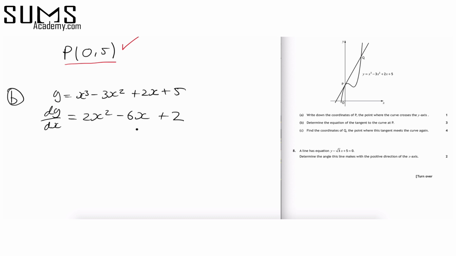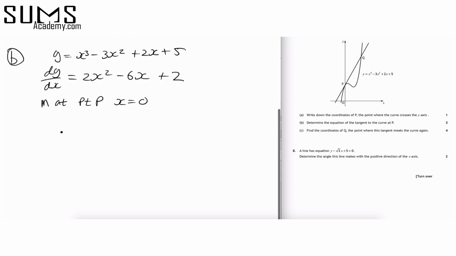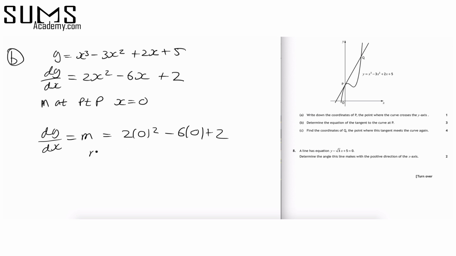So at the point P, the gradient at point P, x equals 0. So we can sub that back in. dy by dx is equal to m, which is equal to 3 times 0 squared minus 6 times 0 plus 2. So m is equal to 2.